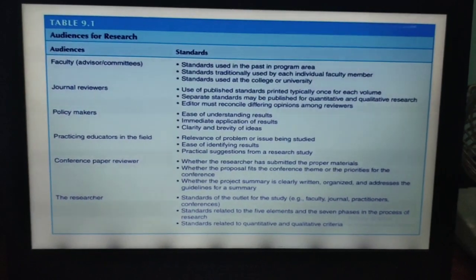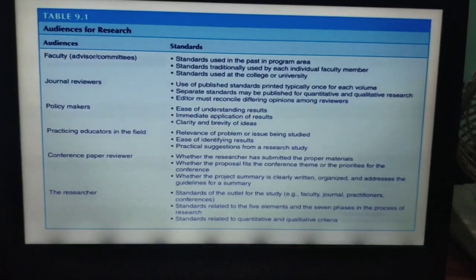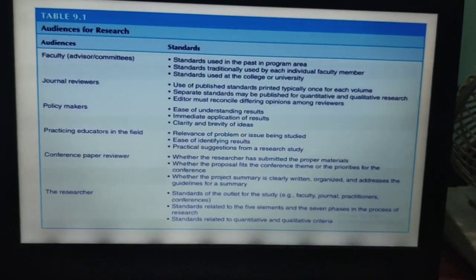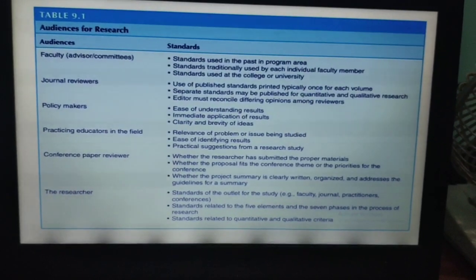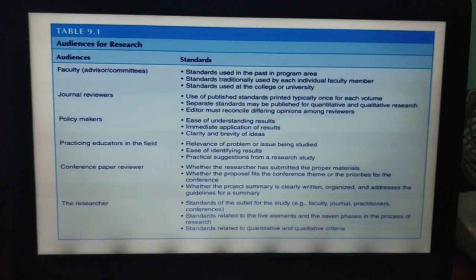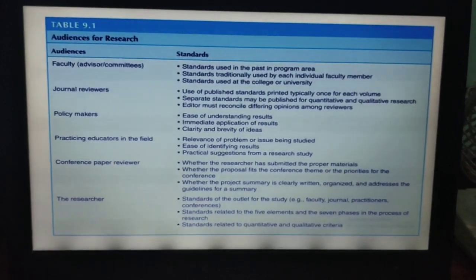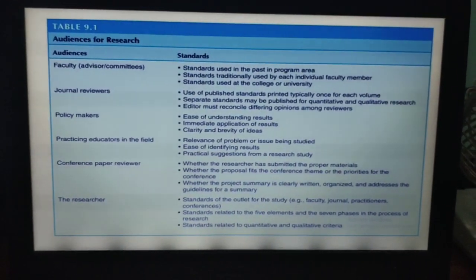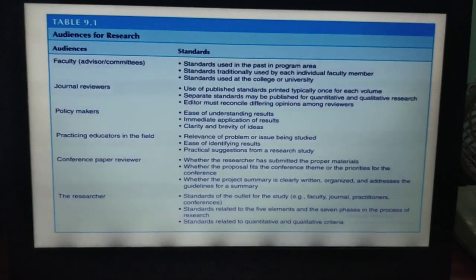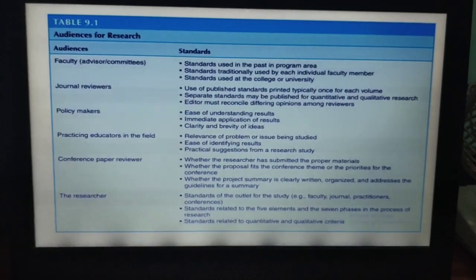Next is Table 9.1. Audiences employ varied standards, as shown in Table 9.1. Rules and procedures in place at a college or university govern the criteria used by faculty advisors and committees.